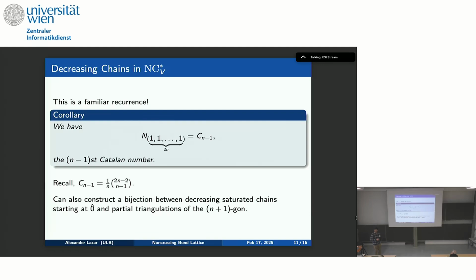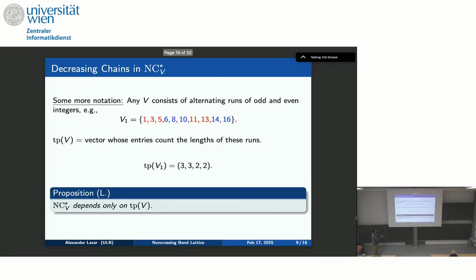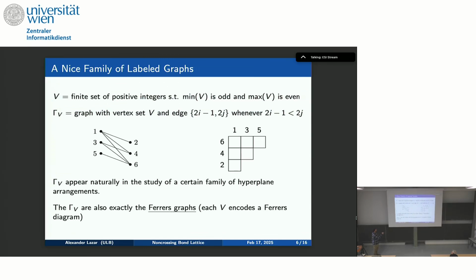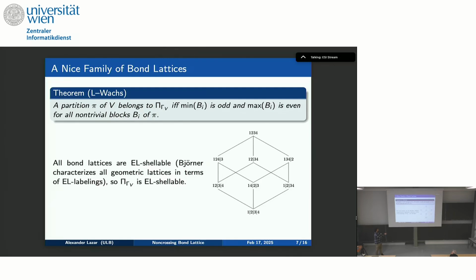No. This is the non-crossing partitions inside the bond lattice of this graph. So these also have this parity condition that the minimum is odd and the maximum is even for every block. So they're kind of a weird bipartite analog of the ordinary non-crossing partitions.